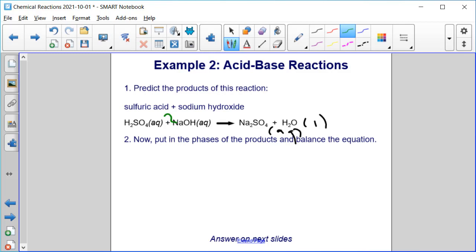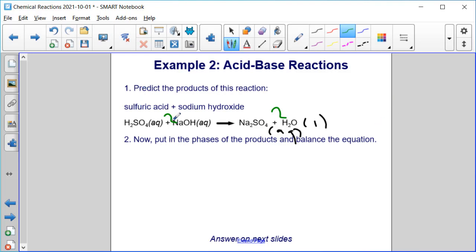And then we have 1 SO4 on each side, so that's okay. Let's make sure our hydrogens and oxygens are balanced. So we have 1, 2, 3, 4 hydrogens and 2 oxygens. We can balance that with our waters here. We put a 2 there, that'll give us 4 hydrogens and 2 oxygens.